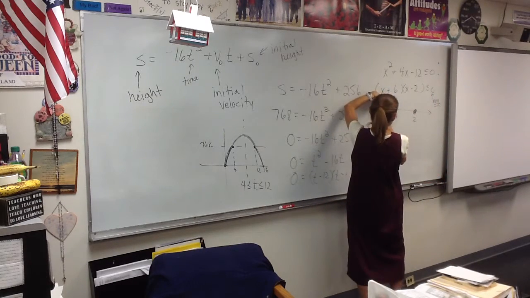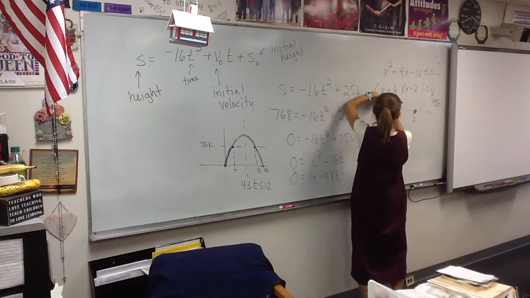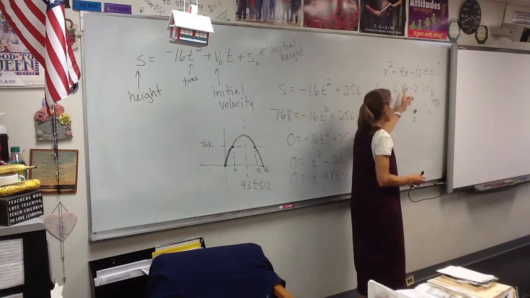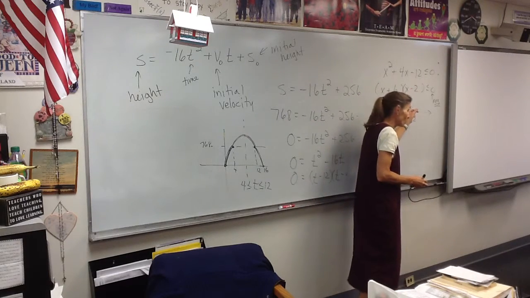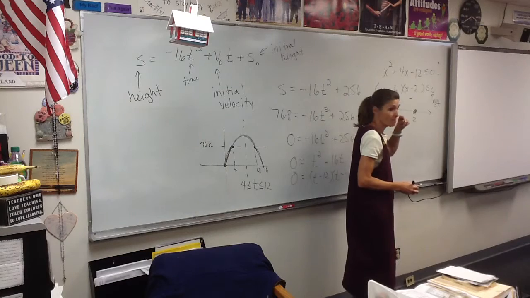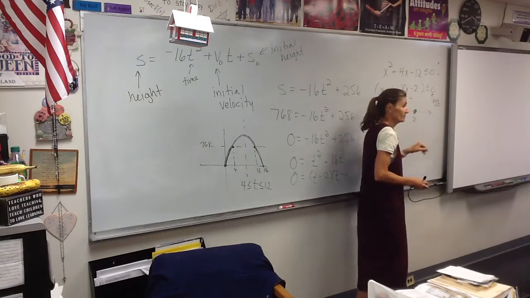If I put in a -8, this parentheses would be negative, and this one would be negative. They are being multiplied together, right? And if they are being multiplied together, the result will not be negative.